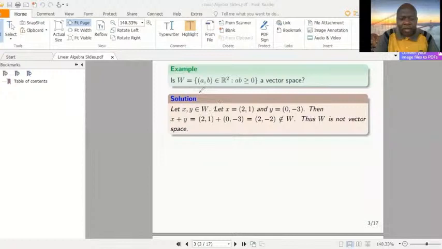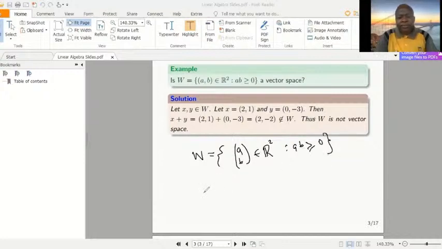And I have already told you that this one can also be written this way. I just want you to know how to write it. This one is written in row form. You can even write it in column form like this. There's no problem, and it means the same thing, such that the product of AB is greater than or equal to 0. You can even write it that way.